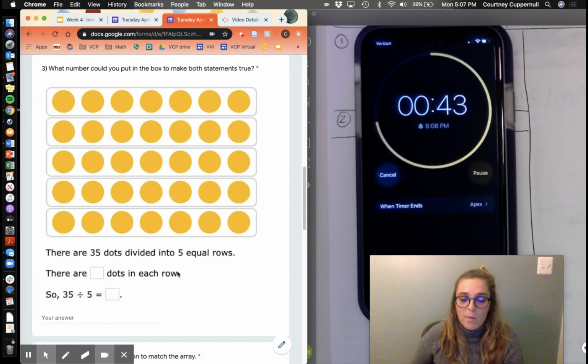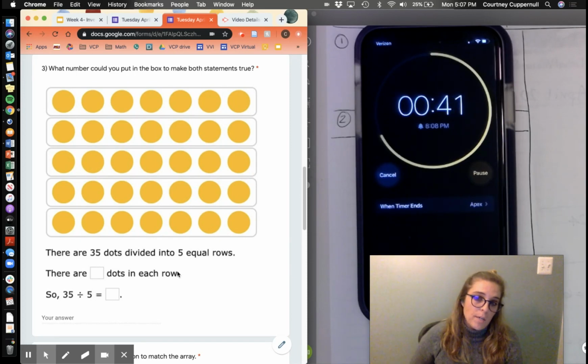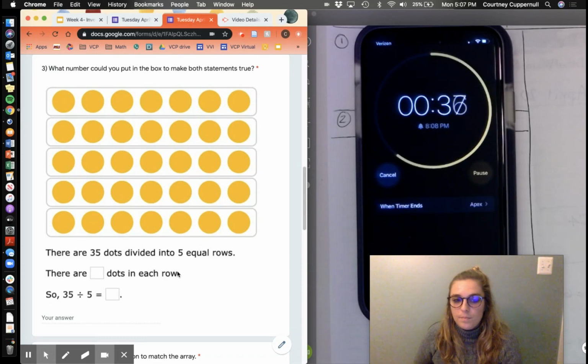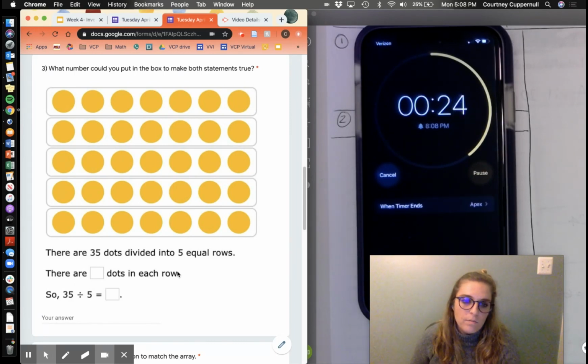Remember, you're trying to figure out how many dots are in each row and then using that information to solve your division equation. About half of that minute is over, so you've got 25 seconds left now.